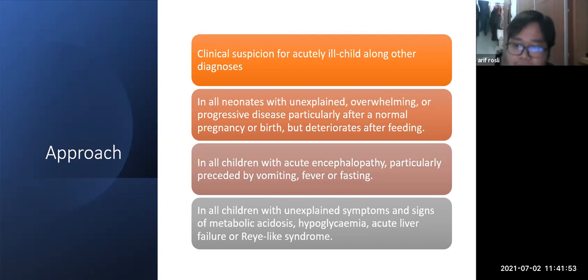They are normal but deteriorate after feeding. IEMs should also be considered in any child with acute encephalopathy, particularly preceded by vomiting, fever, or fasting. And also in all children with unexplained symptoms and signs of metabolic acidosis, hypoglycemia, acute liver failure, or Reye syndrome. Next.